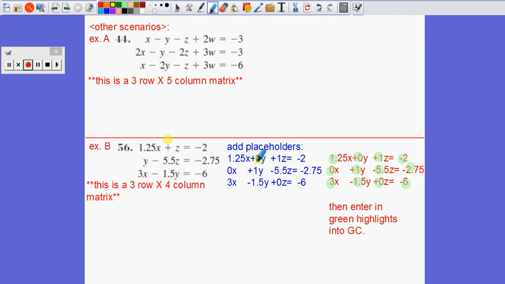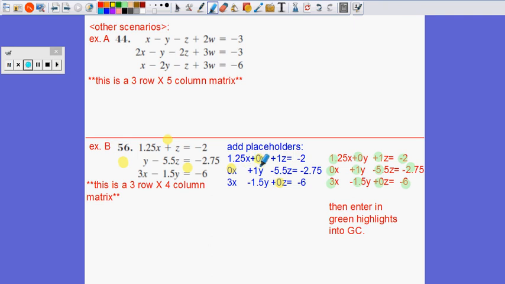That's missing a 0y, so I put it right there. This is missing a 0x to the left, so I put it there. This is missing a plus 0z over here, right after the y, in between the y and the equal sign, I should say, right there.